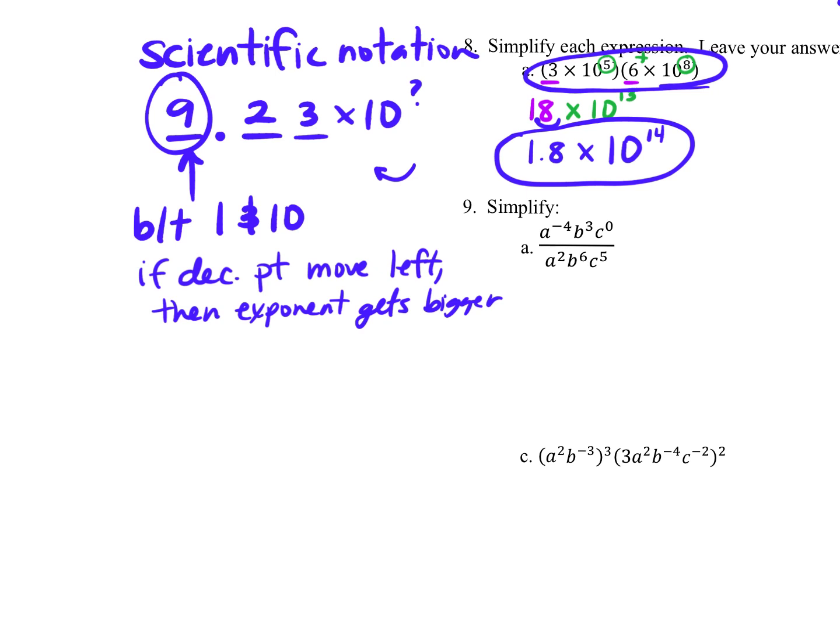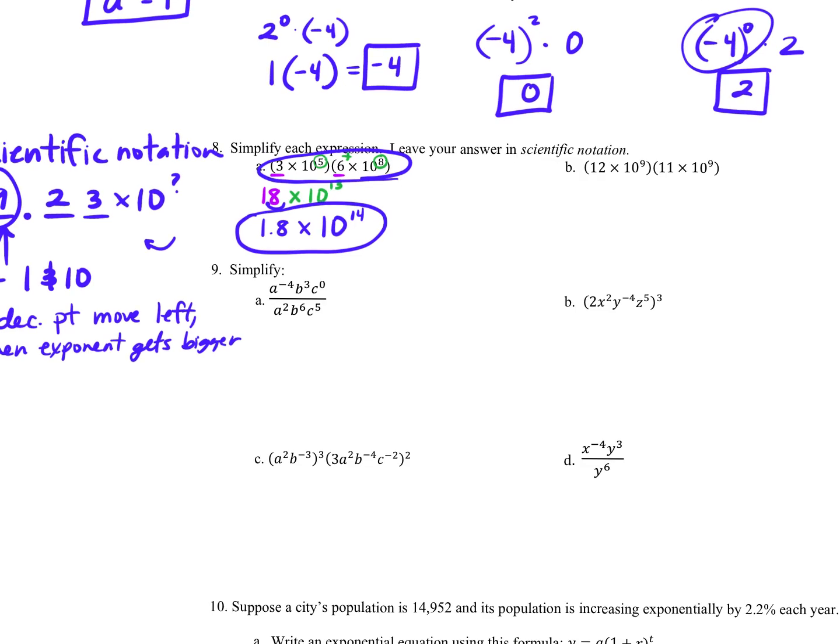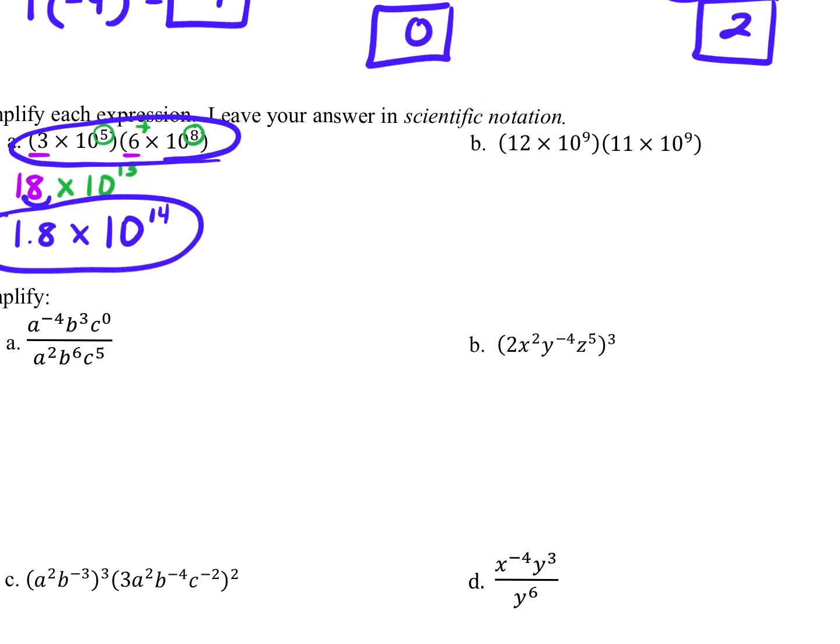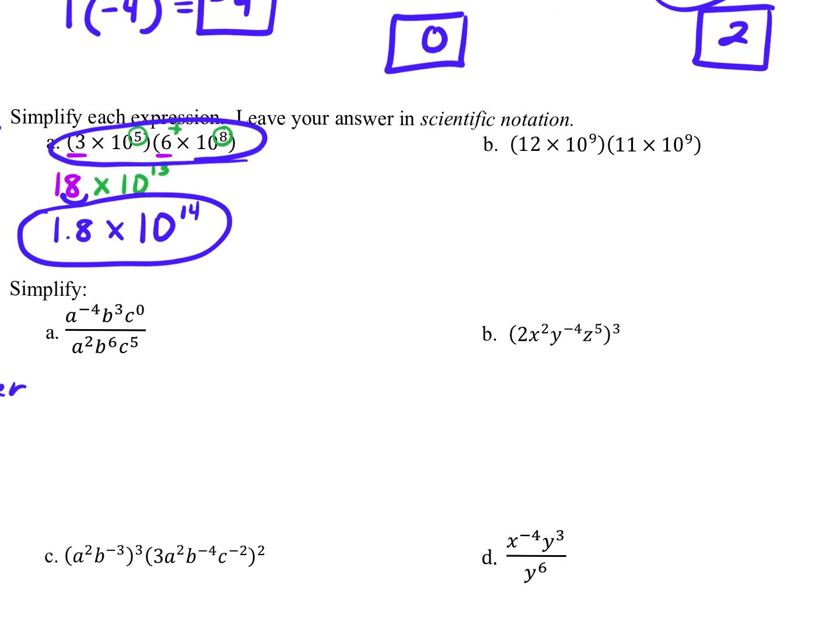If I plug the other in, I should get that exact same answer. If I plug it in with the parentheses, it should be the same. Okay, so try that one. Letter B. 12 times 10 to the 9th times 11 times 10 to the 9th. And what are you going to get? Plug that in.